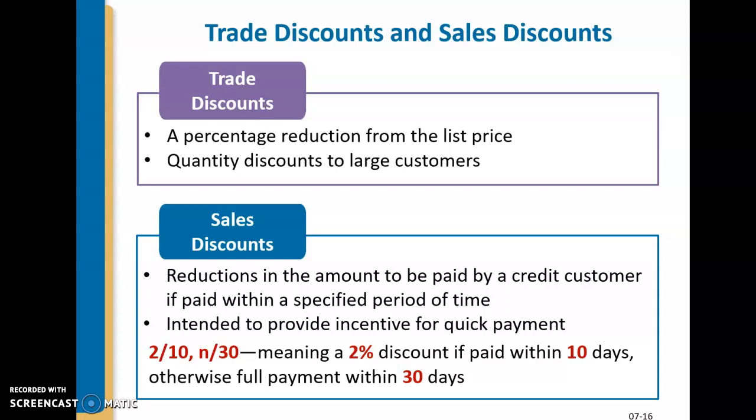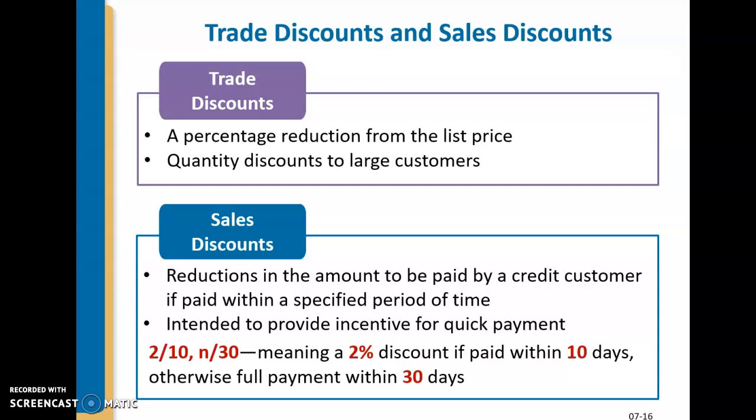Let's distinguish a trade discount as opposed to a sales discount. A trade discount is simply a reduction in the price from the list price. It's offered to large customers, perhaps for quantity discounts. It might be offered to contractors.